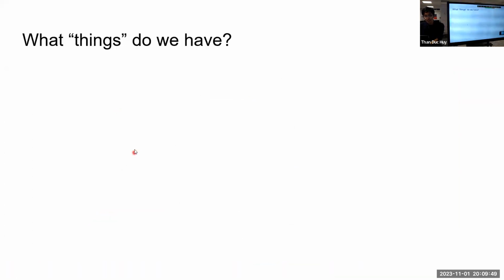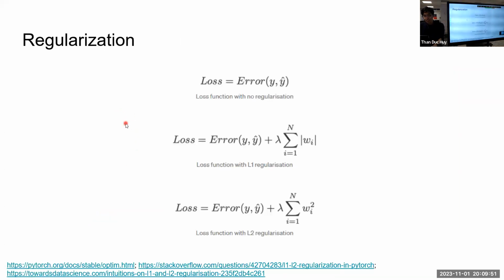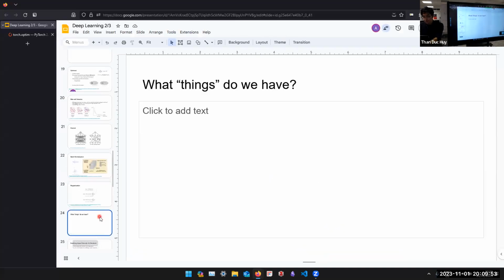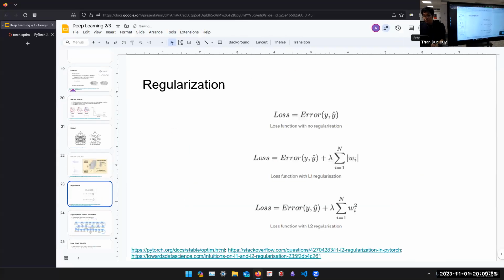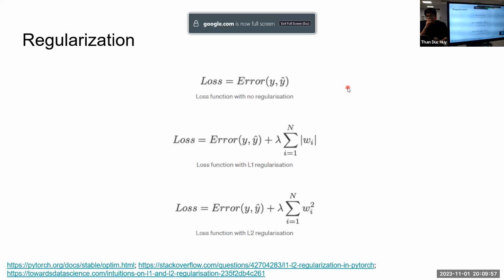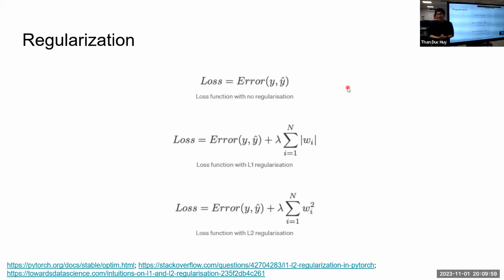And I think the last idea is regularization. Regularization refers to the idea that we don't want our model to overfit, and there is a potential for the model to overfit. If it overfits, the weight will have a certain value, right?